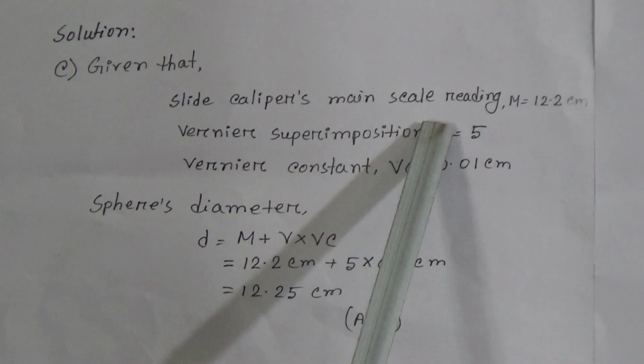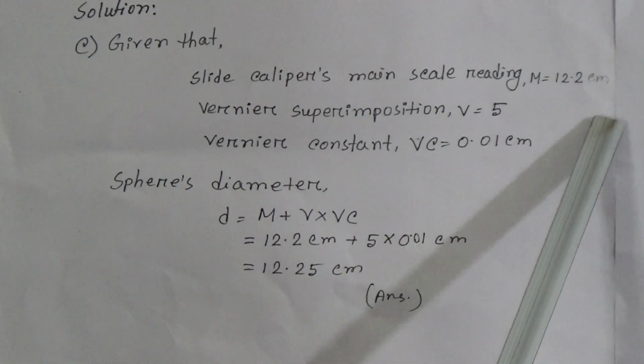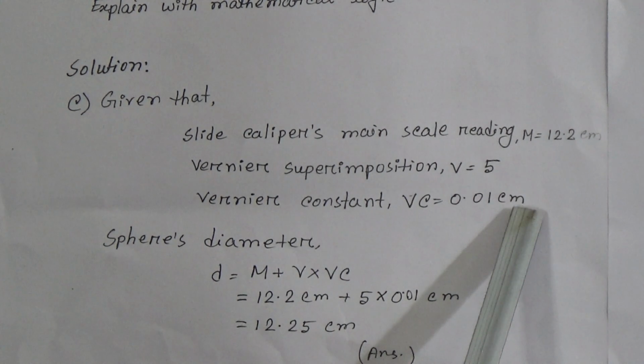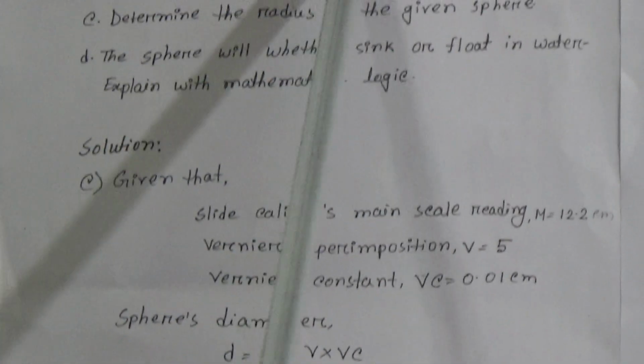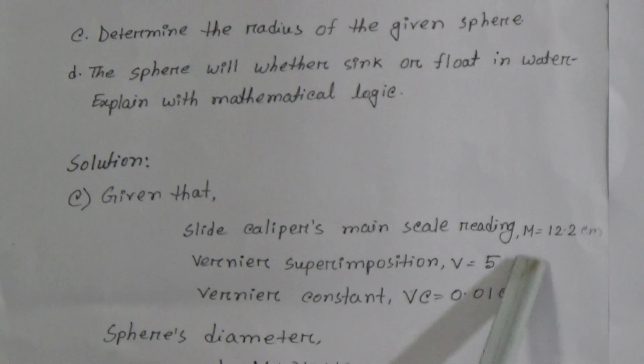Here slide calipers main scale reading M equal to 12.2 centimeter, and vernier superimposition V equal to 5. This is the vernier coincidence, denoted by V equal to 5.